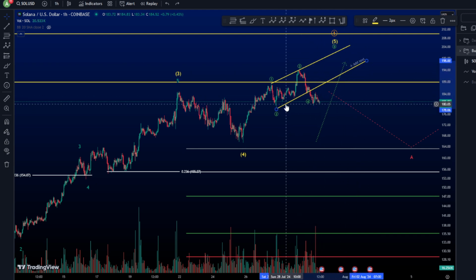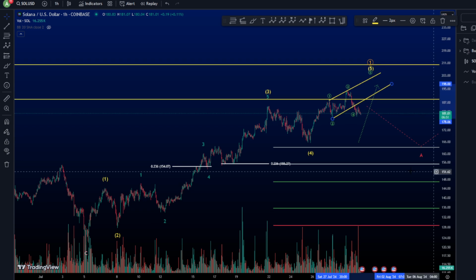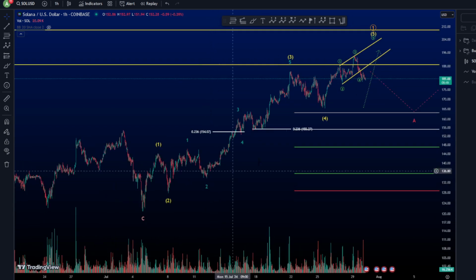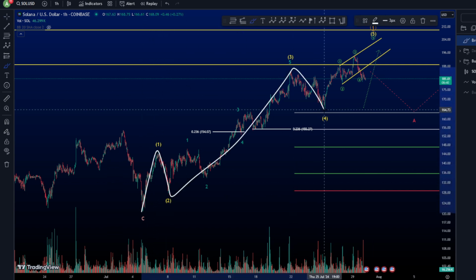So what I think is happening, it could be, because I need to see 5 waves. This is a problem. Let's go back to the beginning to understand what's going on. This is 1, 2, 3, 4, and 5.